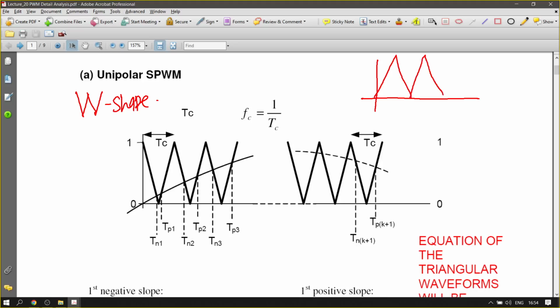Kan ada beza tu. Sorry. You still have the same sinusoidal signal, right? But then look carefully. There is a different point now, isn't it, between W shape and M shape waveform. So you have to be careful. So in this example, we only show you the W shape, right? W shape.